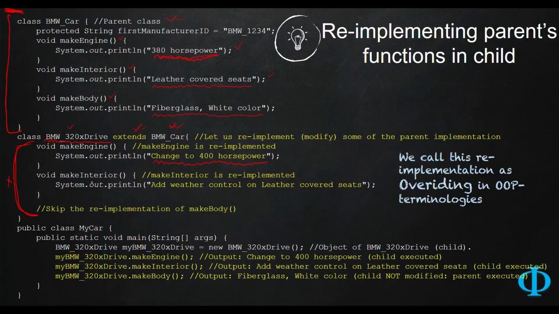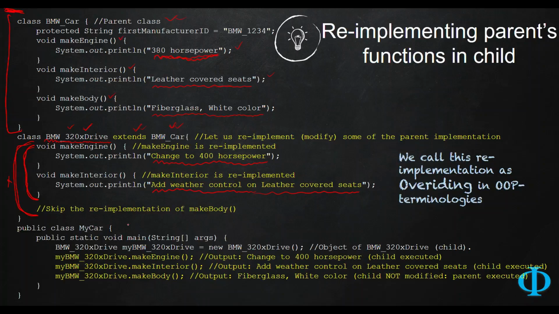And also in interior, BMW 320i X drive made some changes. That is, it added weather control on top of the leather covered seat. That is, over the default behavior, it made some changes. And so these two functions are basically overwritten in this child class BMW 320X drive.